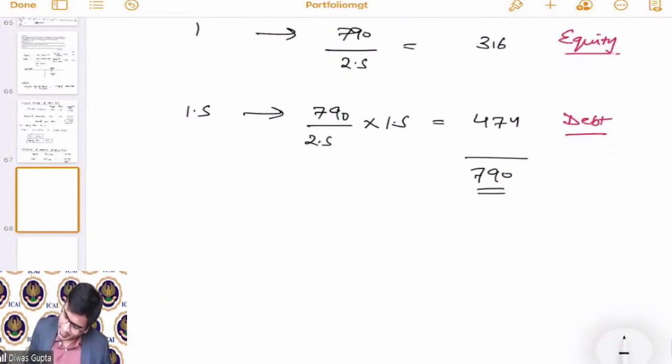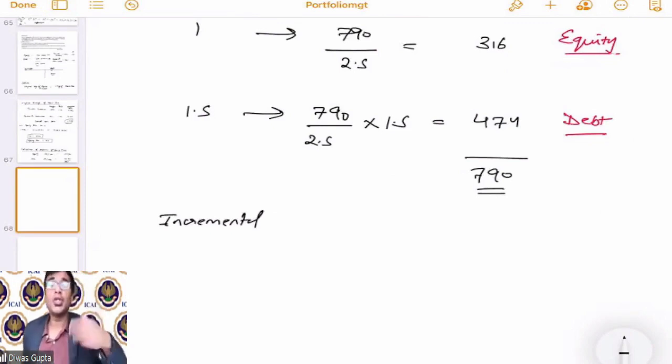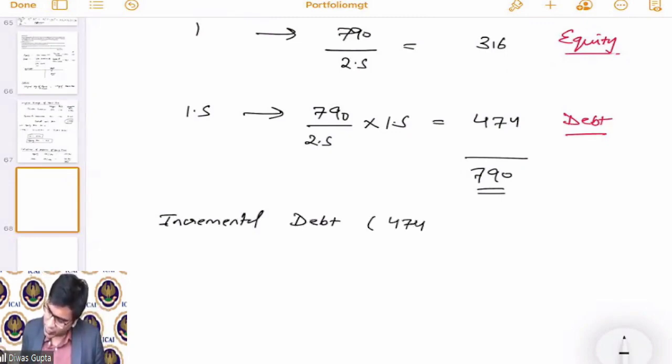The situation given in the question is that we are issuing further debt and reducing our equity. So how much is the incremental debt? Earlier it was 290, now it is 474. So 474 minus 290 comes out to be 184 crores.